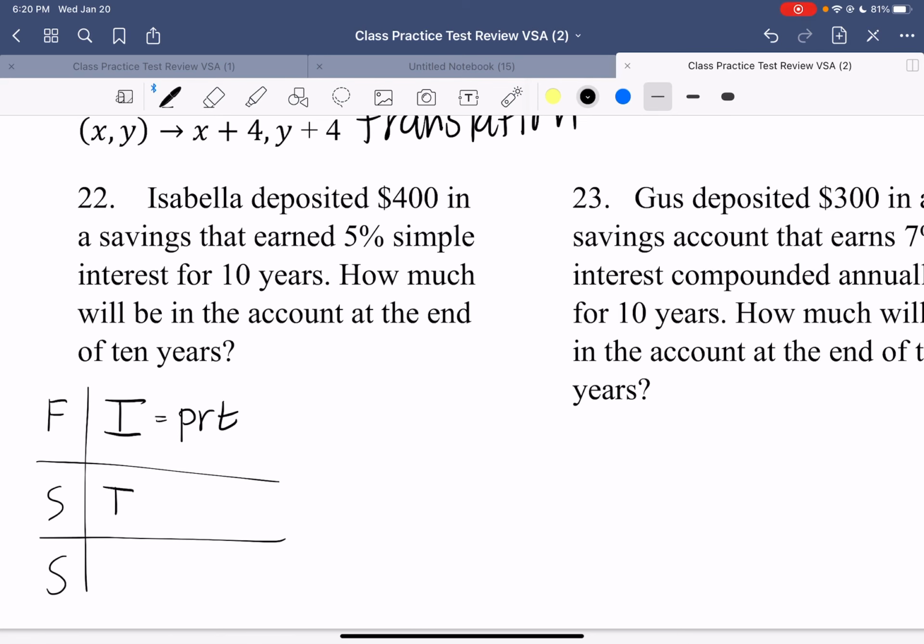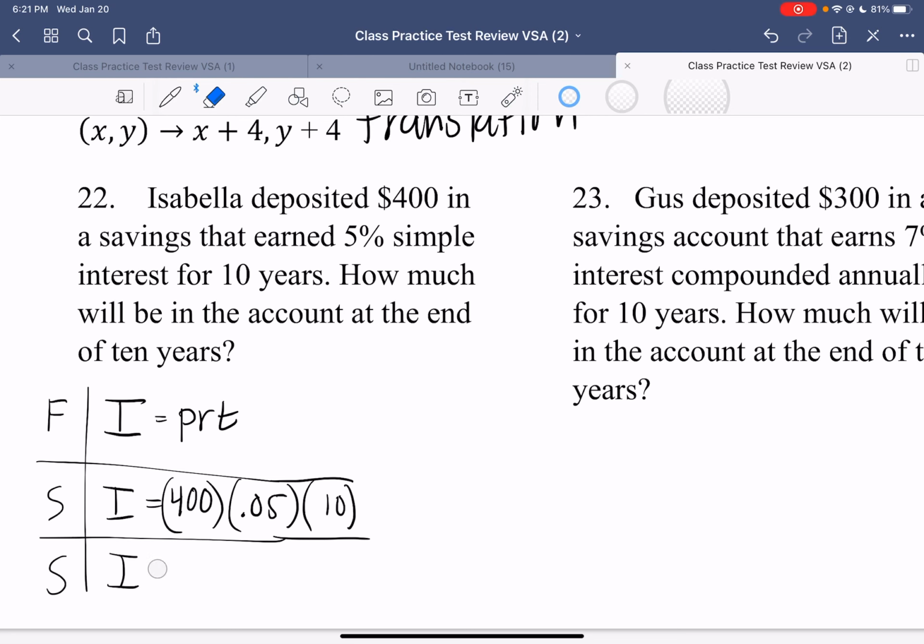So our interest is going to be the principal amount, which is 400, times the rate, which is 5%, and we need to divide that by 100, so 0.05, and the time that it's in the account is 10 years. So when you substitute those in, so 400 times 0.05 times 10, we get 200.